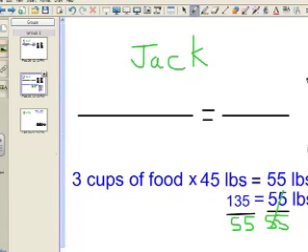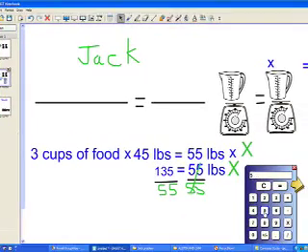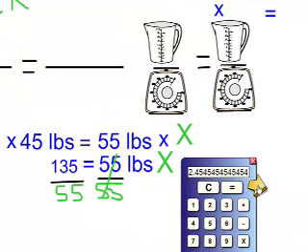Now these 2 cancel out. We're going to take 135, divide that by 55. That comes out to my repeating decimal.